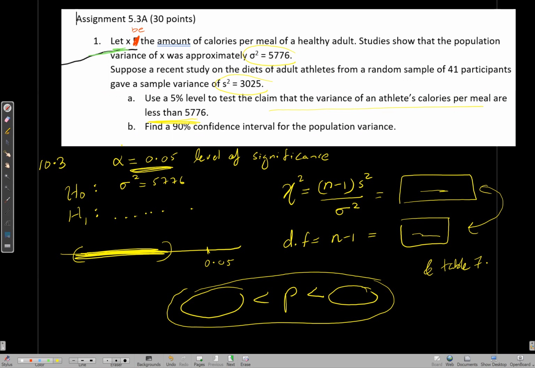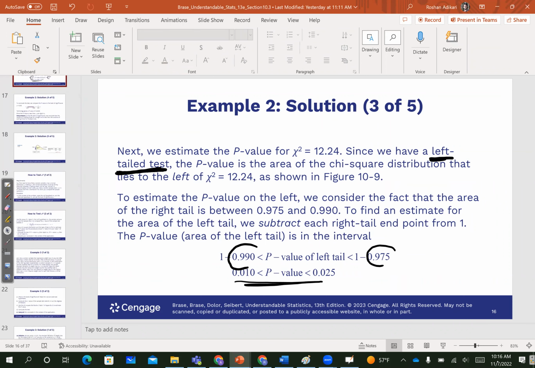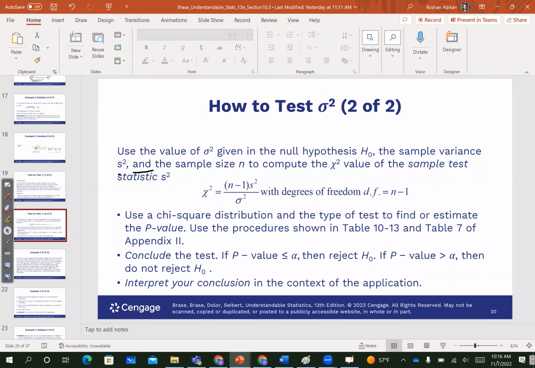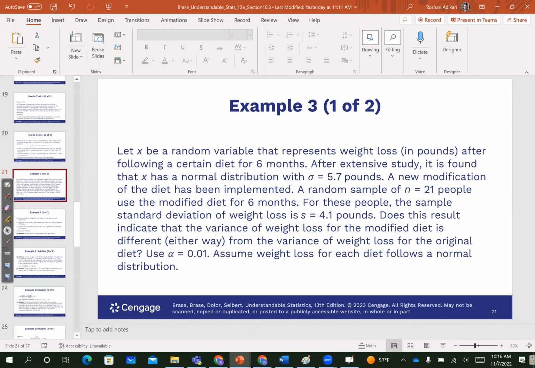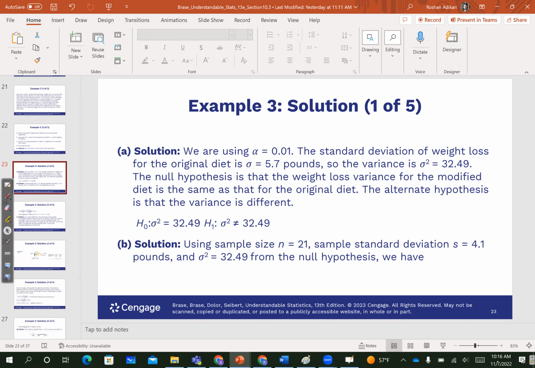Now, for that, what you need to do, let me show you here. Keep reading the slide and you'll understand. Let me show you the exact place that you need to actually see.